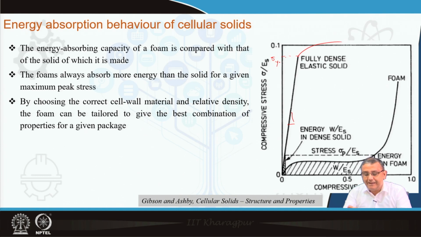So, now just imagine that for whatever intended application, the critical stress is this point over here. That means this is the critical stress, which we write as sigma c. What is the value of the critical stress?